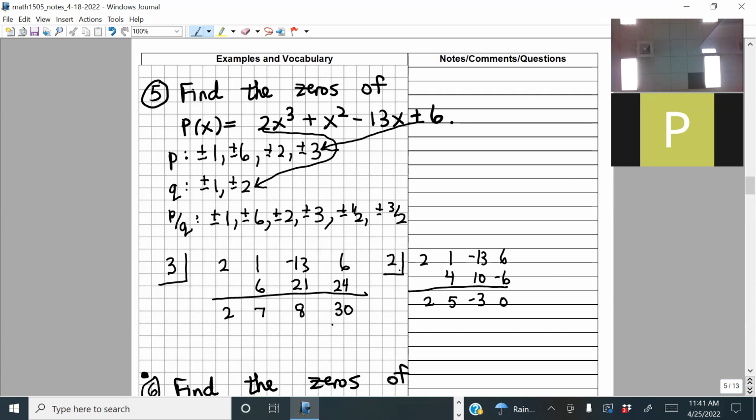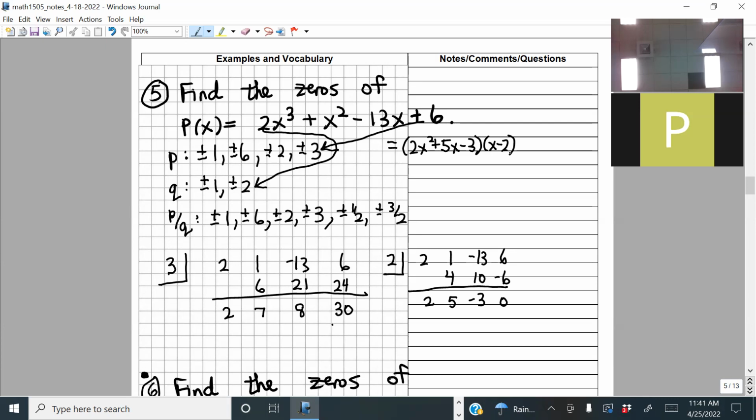So we know one of our factors is x minus 2, right? So this polynomial factors as what? This quotient, which is 2x squared plus 5x minus 3, times x minus 2, right?